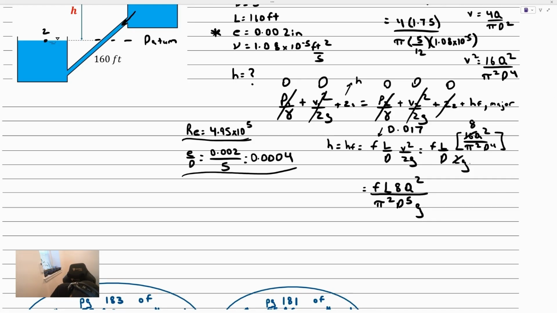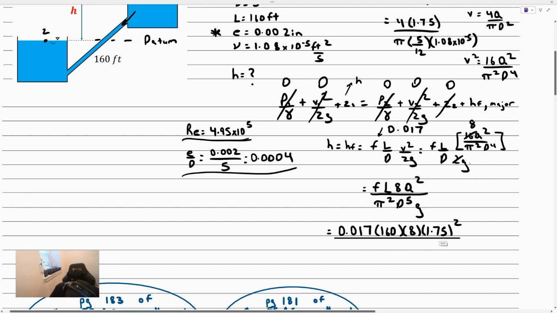Now that we have all of this, let's plug in. We found f from the Moody diagram, 0.017. The length was 160 feet. Multiply that by 8, and we know our flow rate was 1.75 squared. We have a pi squared in the denominator, a 5 to the fifth, as well as a gravity term. Now this was an English units problem, so our gravity is 32.2.